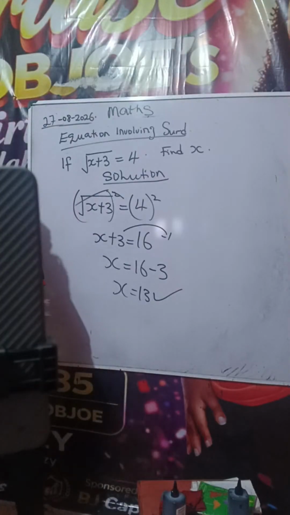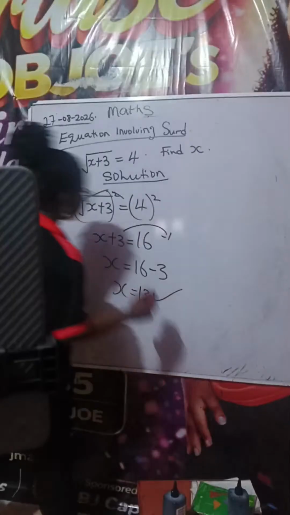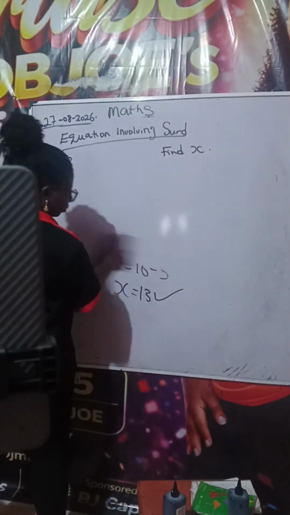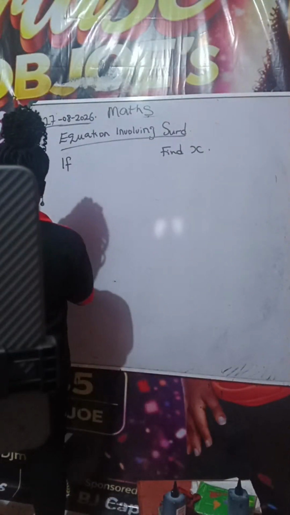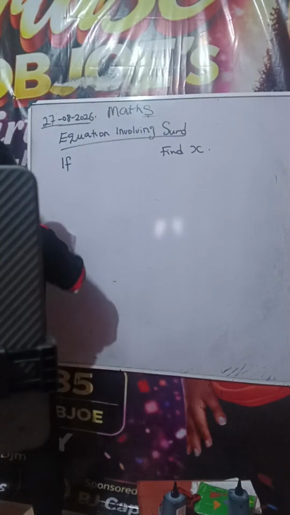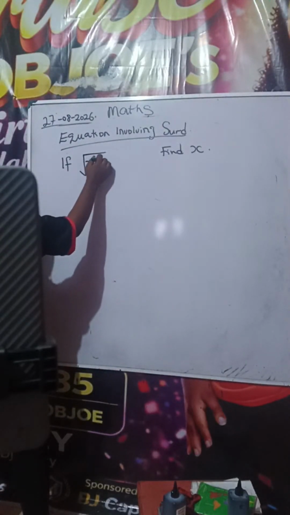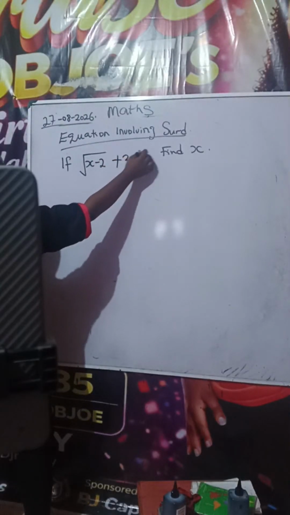Okay, look at this one. Let's try another one. Look at this one. So I have root x minus 2 plus 3 is equal to 7.